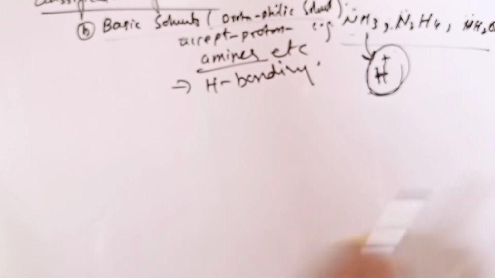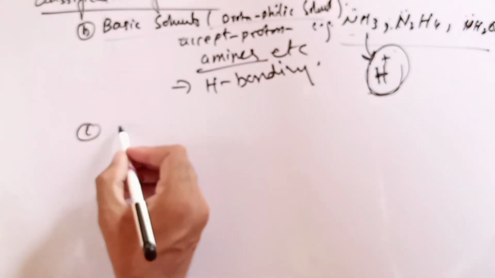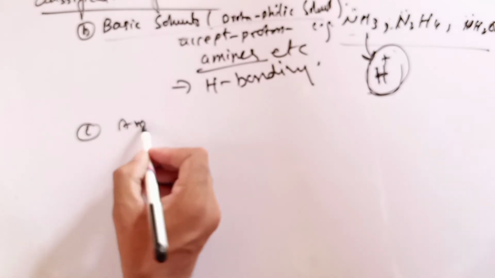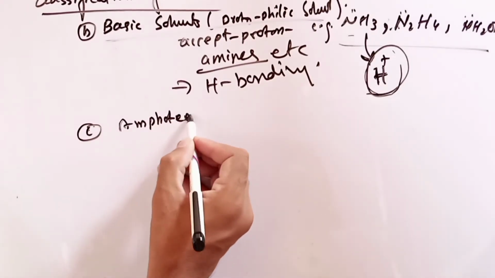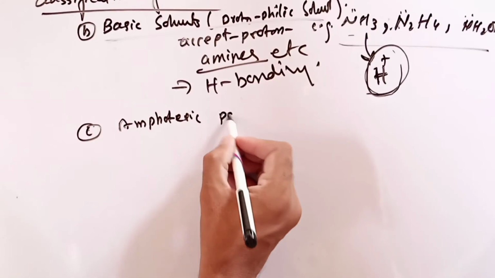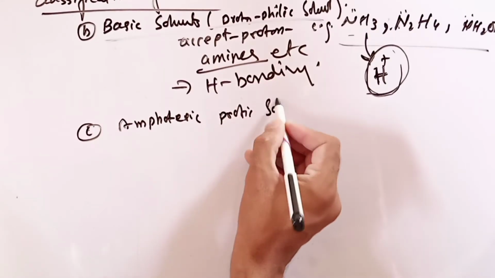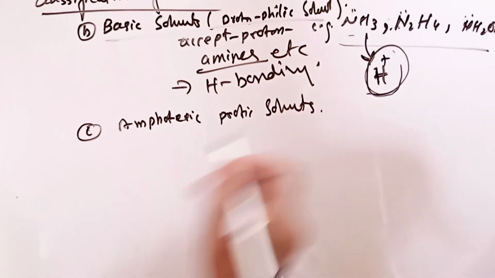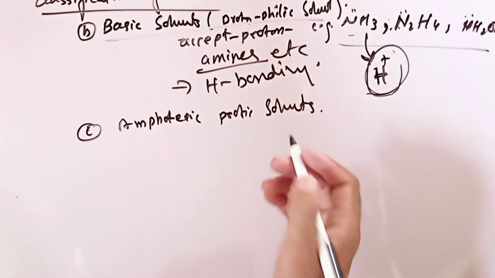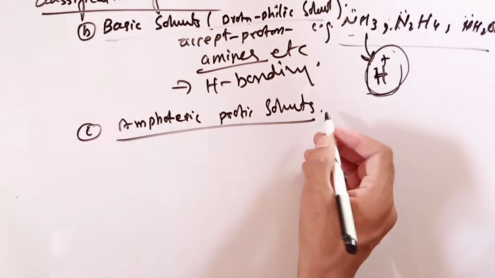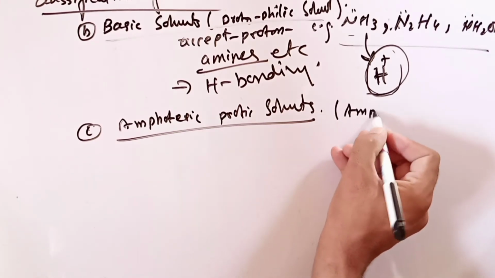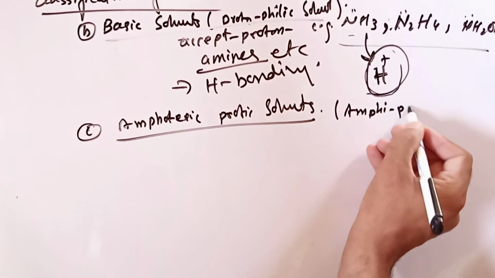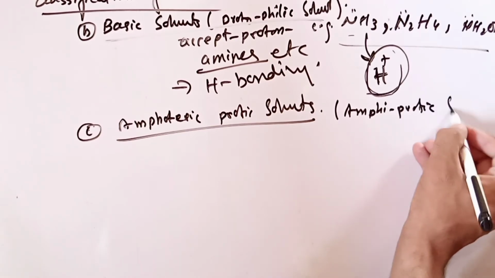Another type of protic solvents is called amphoteric protic solvents, also called amphiprotic solvents.